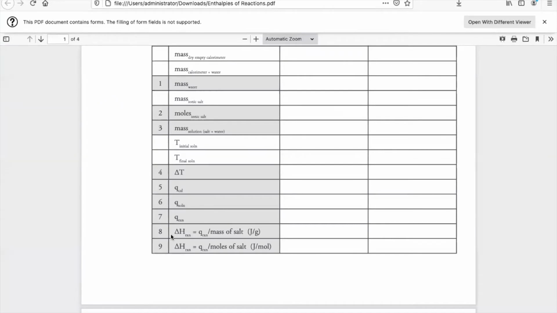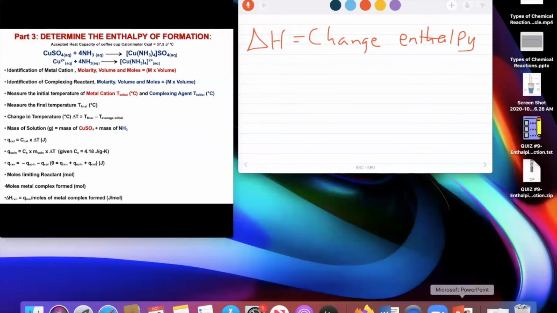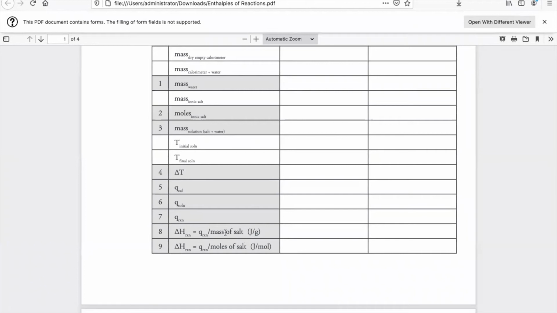Now, for line 8, enthalpy, this means change in enthalpy, delta H. For the reaction, you need to divide line 7 by the mass of the salt. So whatever you will be given for the mass of the salt, this will be line 7.